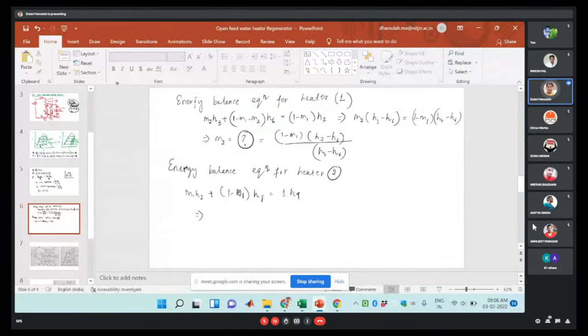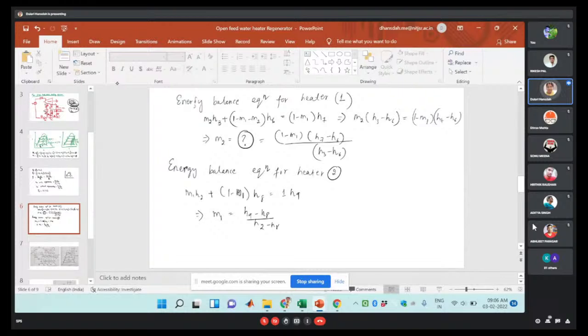Okay, so from this equation we can get what is the M1. M1 will be here, it is the H9 minus H8 upon here H2 minus H8. Okay, so this will be the formula to find out your M1 amount of steam.